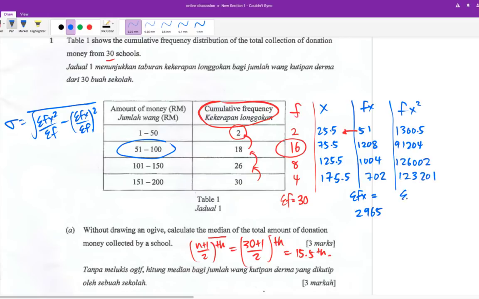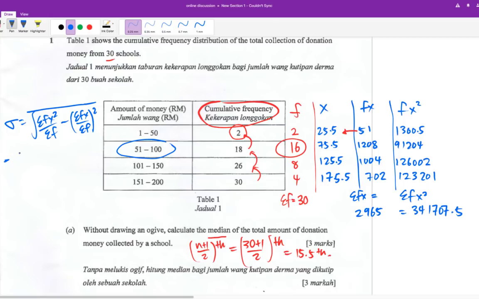Then I sum all the fx squared together. I should get a very big number here, which is 341707.5.